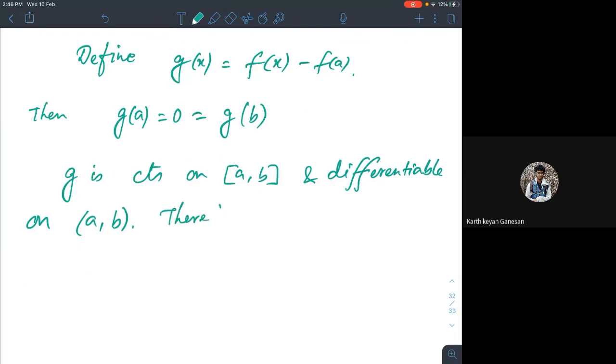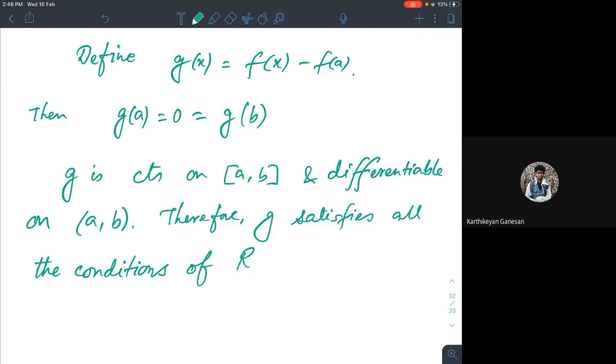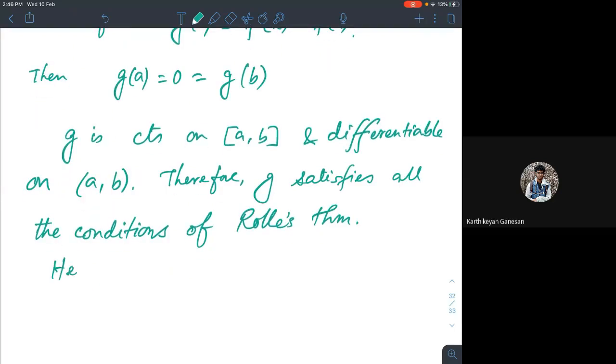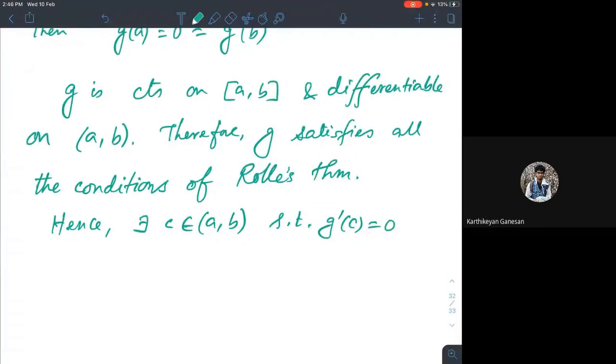Therefore g satisfies all the conditions of Rolle's theorem. Hence, there exists C in the open interval AB such that g prime C equals 0, and g prime C is equal to f prime C. Hence, this is 0.